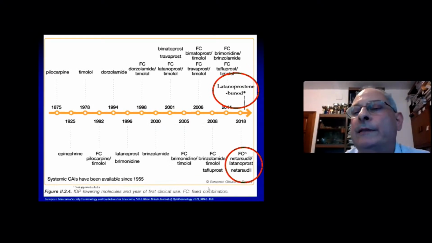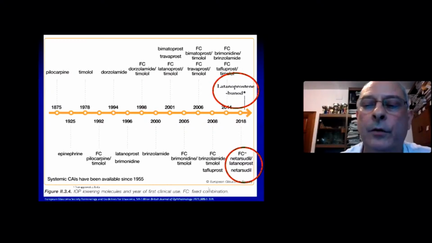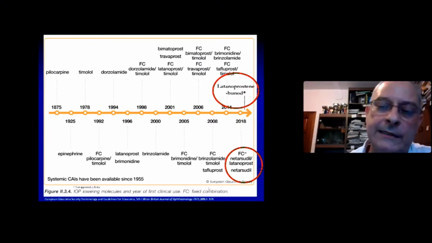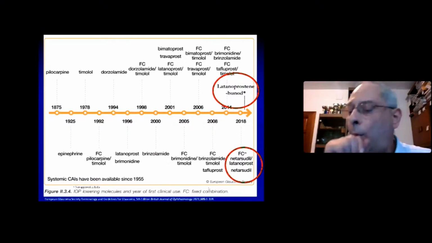One is latanoprostene bunod, which is a combination of latanoprost and a nitric oxide donor, which reduces IOP by increasing uveoscleral outflow from the latanoprost part, and conventional outflow by the nitric oxide donor part. This is available only in the US.